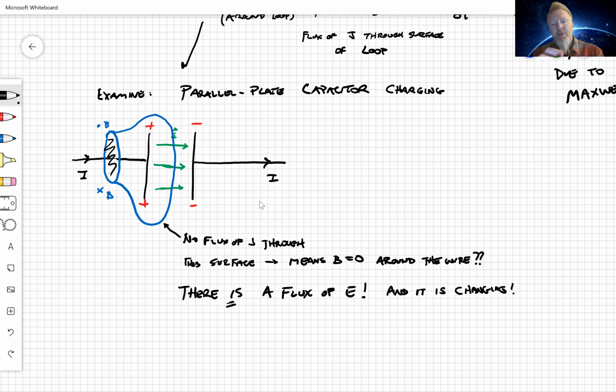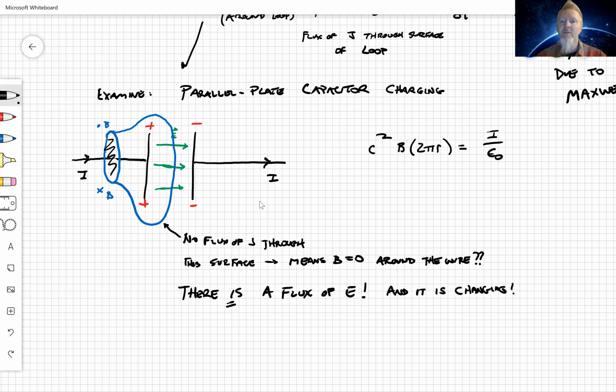So imagine that I'm just doing the plane for a minute, and that's a regular old Ampere's law without the extra term. So I would have done c squared times the circulation of B around the loop, which would have been B times 2 pi r, right? And then I would have said, okay, I'm going to look at the current going through that loop, which is I, and it's divided by epsilon naught.